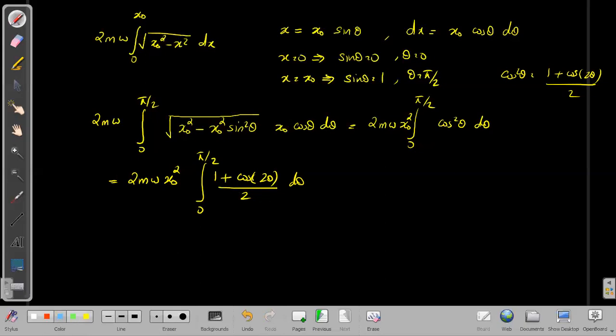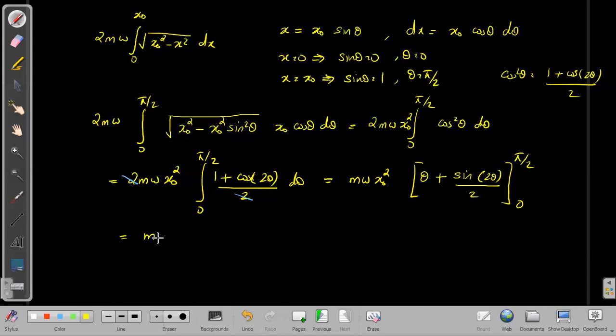Here the 2 would cancel, and this becomes m omega x0 square. If you integrate it, we get theta plus sine of 2 theta by 2, and the limit is from 0 to pi by 2.